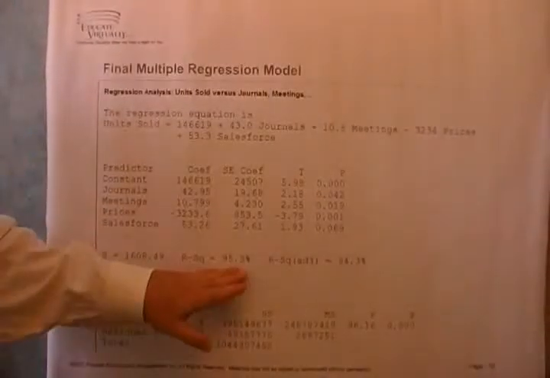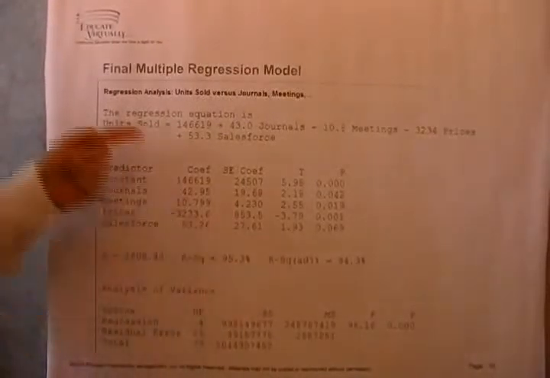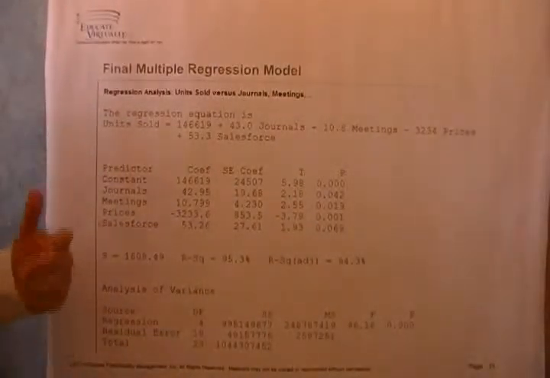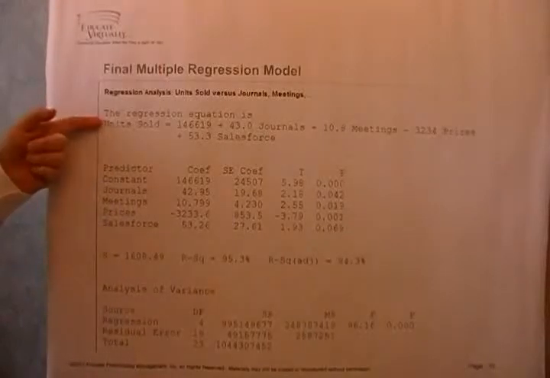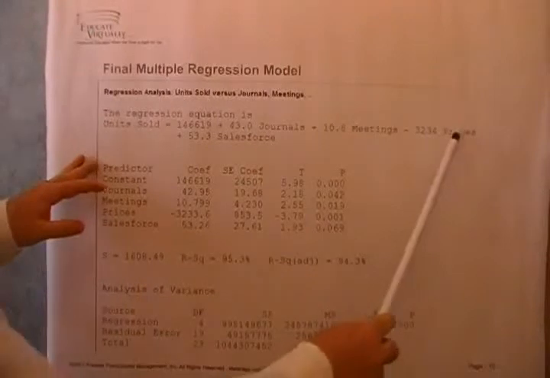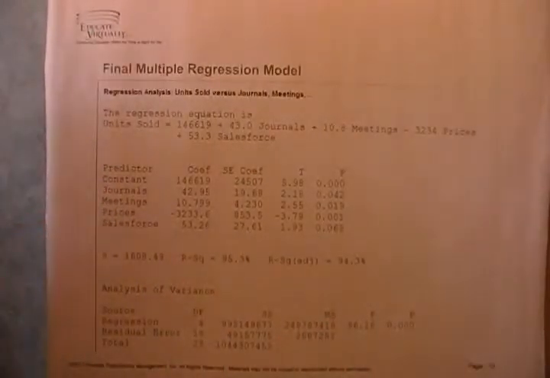You see that our R-squared value is 95.3%. So this equation explains 95.3% of all the variability that we saw in the units sold. We look at our analysis of variance and we can see that the overall model is significant. And now that we know that these individual contributors in our model are significant, we can use this equation as a way to predict what might happen to units sold if we vary the input of journals, meetings, prices, and sales force spending.